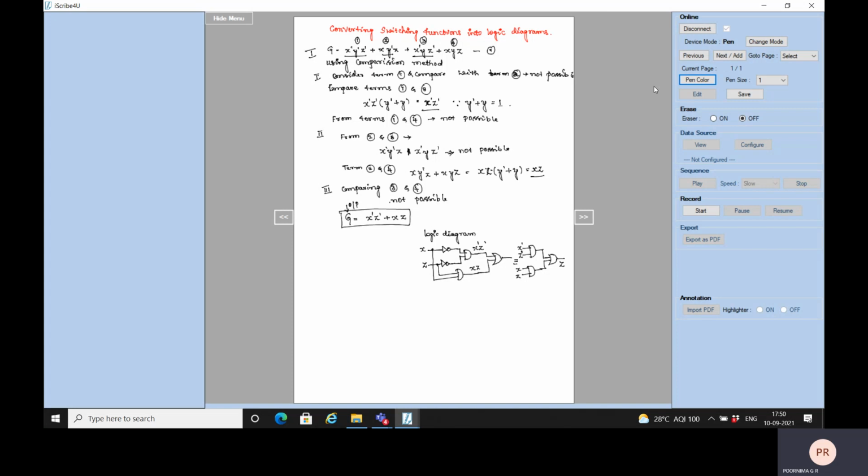Suppose the logic diagram, which I don't want to represent in terms of the simplified expression. The regular expression, which is in the form of unsimplified, that is directly the switching equation. If it has to be represented, how do we represent? So for that, you can take all the terms X bar, Y bar, Z bar.